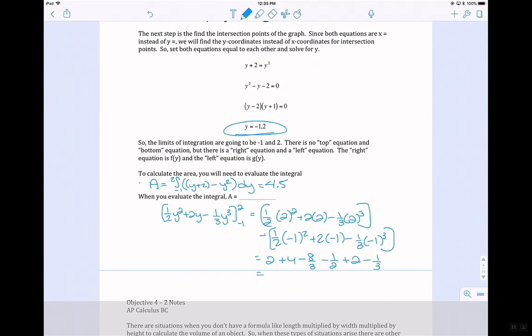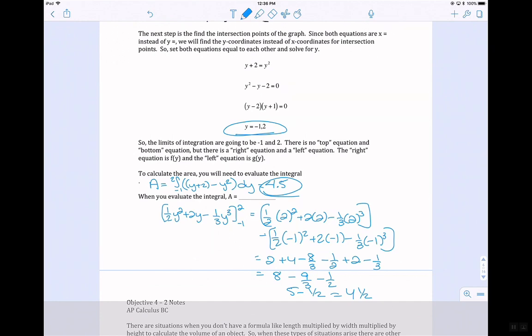So now this gives me 8 minus 9/3 and minus 1/2. So 9/3 is 3, so this is 5 minus 1/2, which is 4.5. Okay, so I do get the same answer.